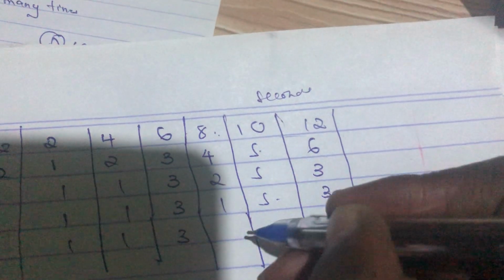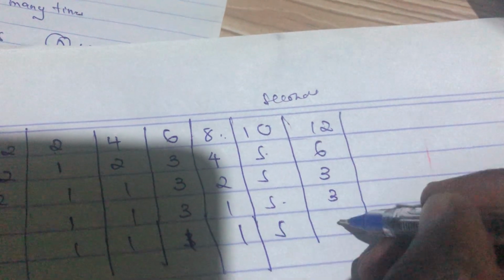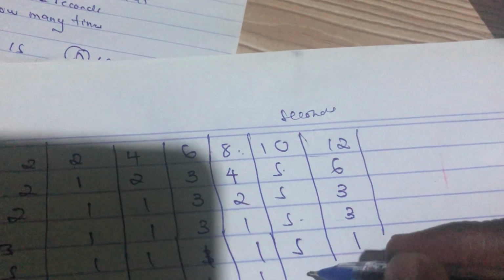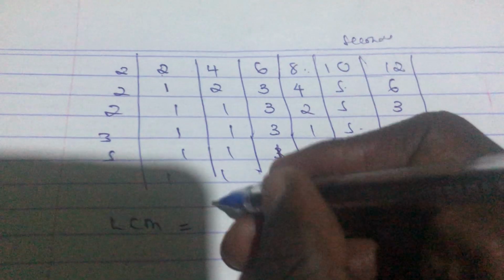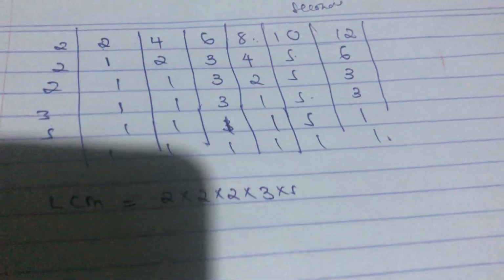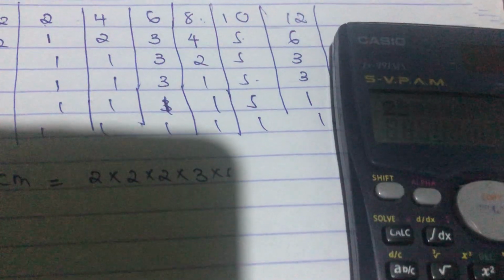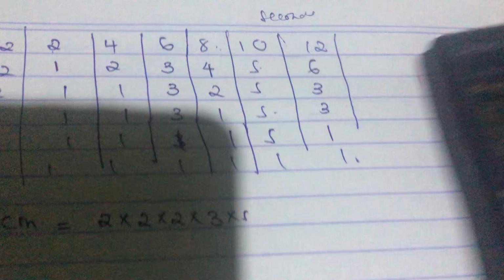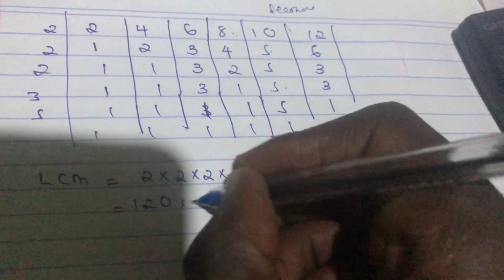So by 3, this is 1, 1, 1, 1, 5, 1. 3 divides all of them. Then by 5, we get all 1s. So our LCM at which they toll together will be 2 times 2 times 2 times 3 times 5. I've taken a lot of time. The answer is 120 seconds. So at 120 seconds, that's when they toll together.